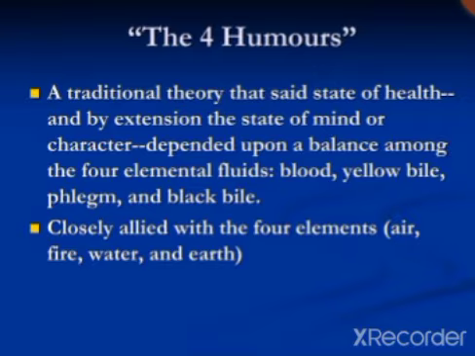A traditional theory said that the state of health, and by extension the state of mind or character, depends upon a balance among four elements: blood, yellow bile, phlegm, and black bile. These are four fluids in our body.